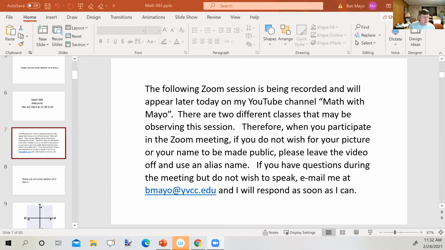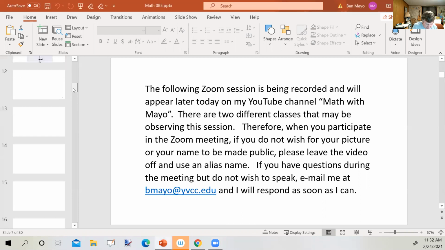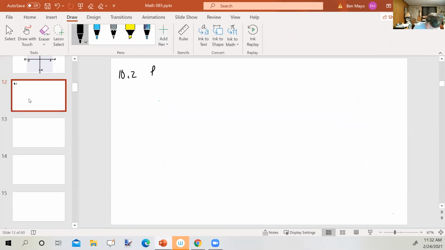Okay. So I've got a request for a couple of problems here. This is 10.2, part 1, number 13. And part A, it says this. For each equation, write an equivalent quadratic equation that will be easier to solve.